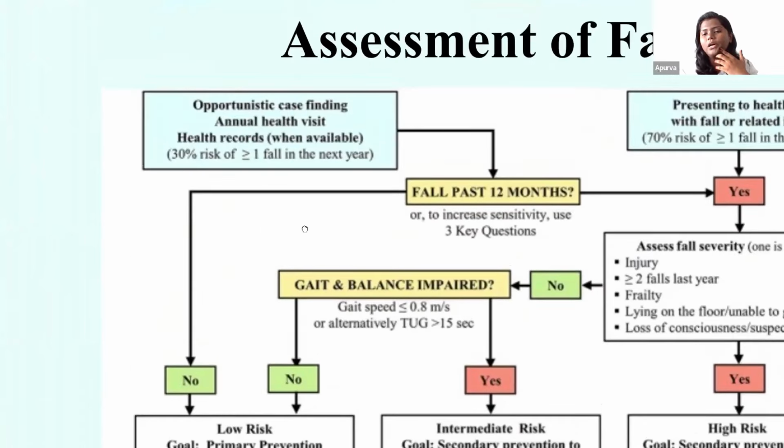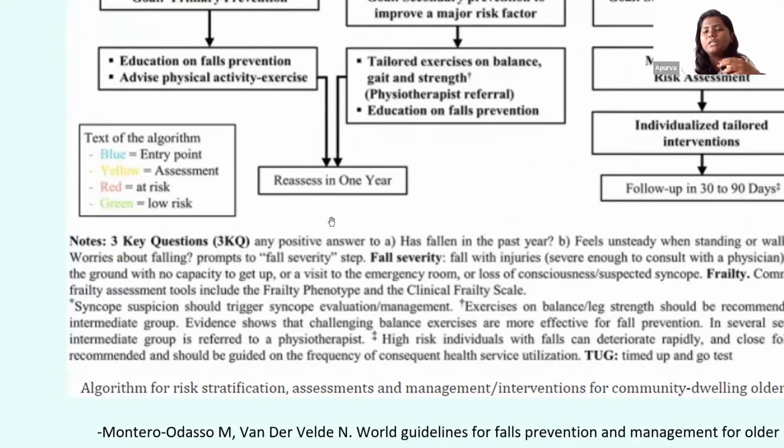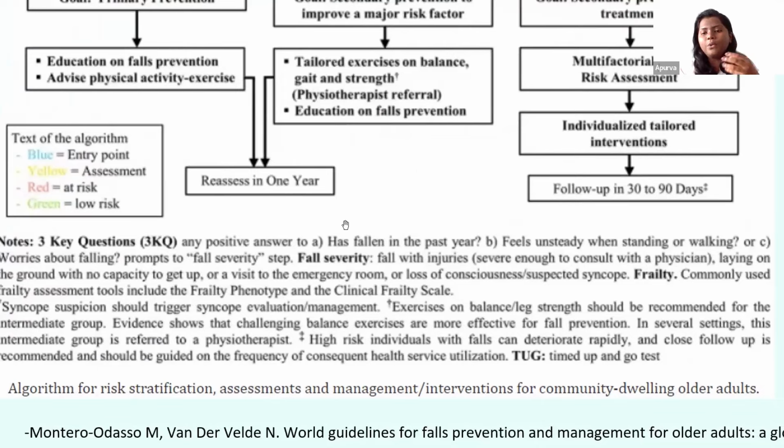Likewise, if during assessment, like during the entry point, your case finding is an opportunistic case finding, like a patient coming to you for some other primary issue, and during history you get to know that your patient has experienced a fall in the previous 1 year. In such patients, you ask 3 key questions, which judge their likelihood of falling.